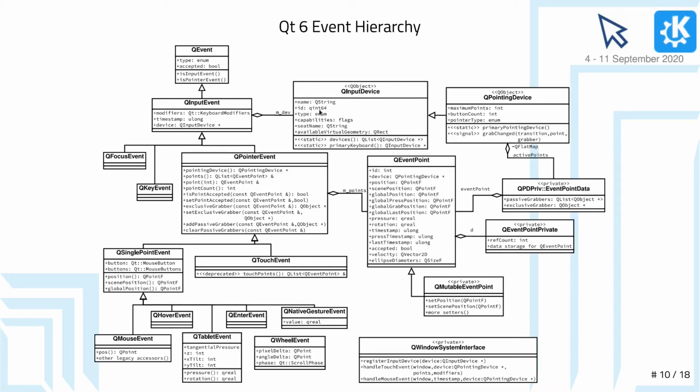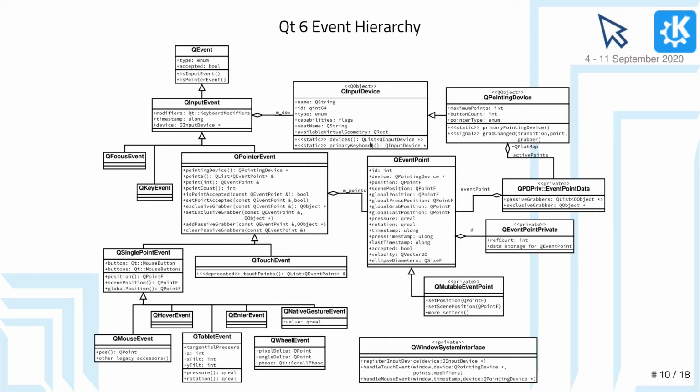And then that will tell you the name, the seat name in case you're on Wayland and you have multiple seats, or in case you have multi-pointer X11 like I do. Then the seat name should be unique for each of those seats. The available virtual geometry tells you what part of the desktop this device is mapped to. So for example, if you have several screens but only one of them is a touchscreen, then that will tell you the rectangular area that the touchscreen covers on your whole desktop.